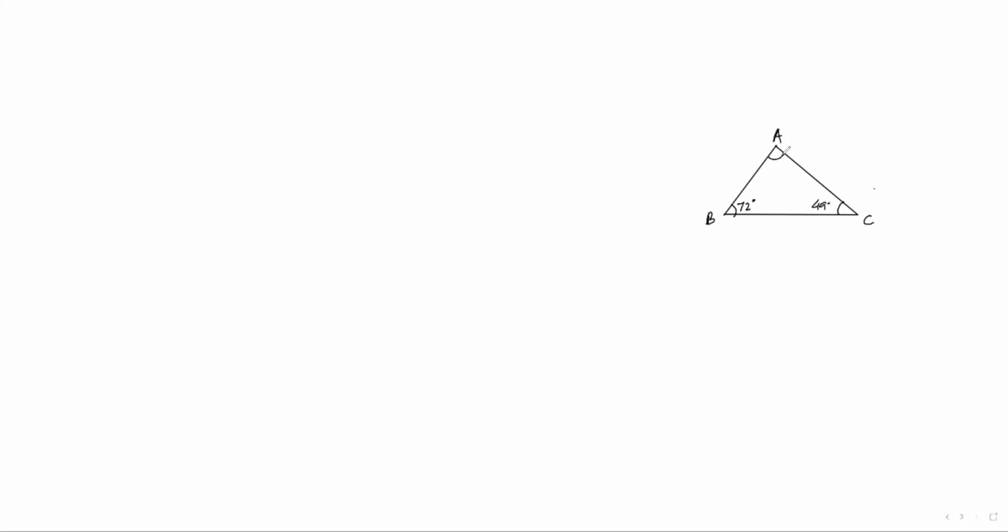So on question number 2, let ABC be the triangle. Here angle B is equal to 72 degrees and angle C is equal to 49 degrees.